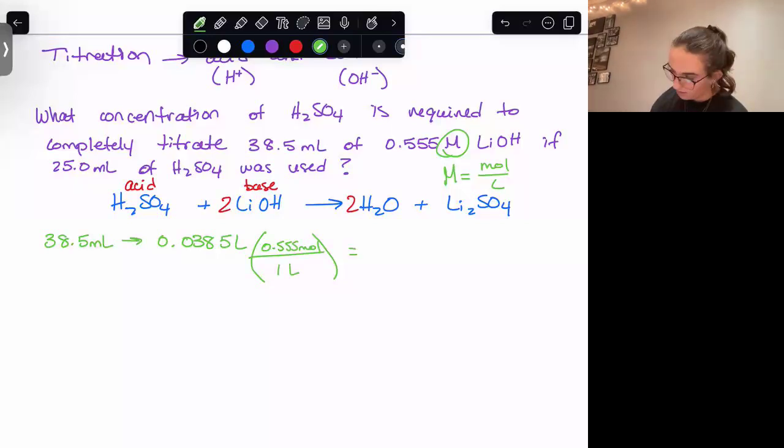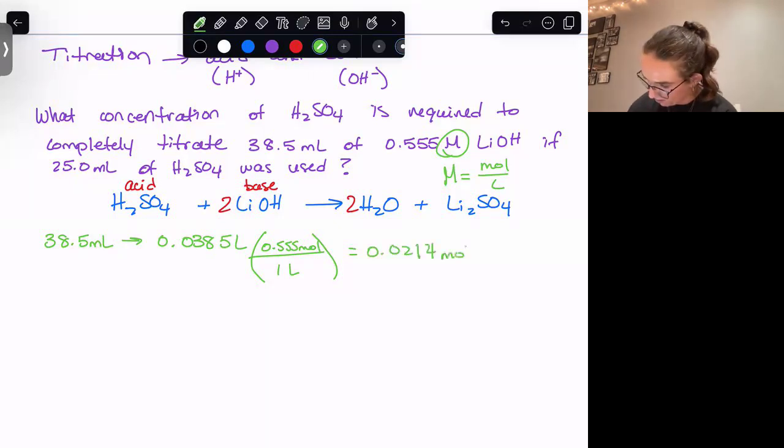So we have a total of 0.0214 moles of lithium hydroxide.